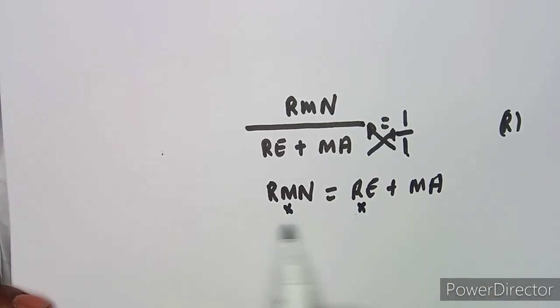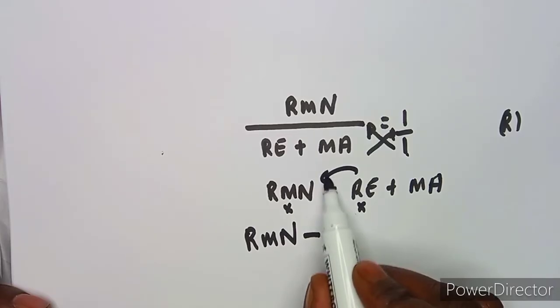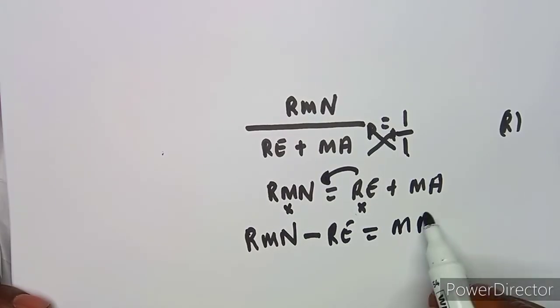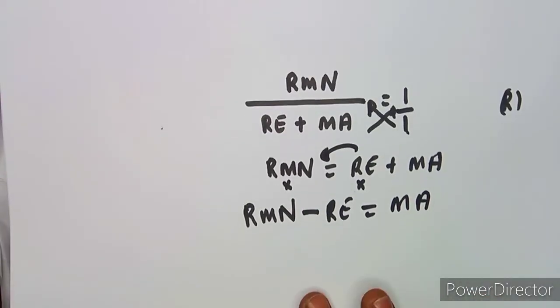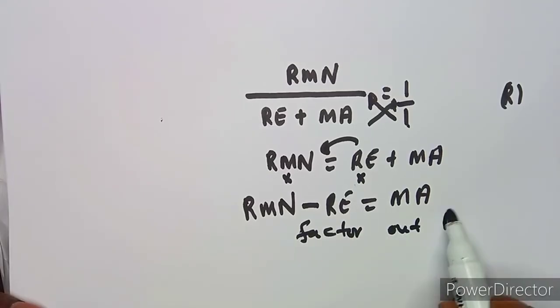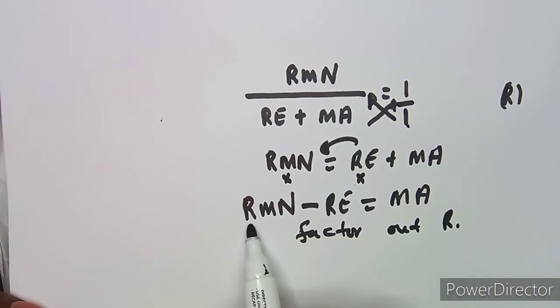So you transpose to one side of the equation, which is Rmn minus, if you transpose this to the other side, it's going to be minus Re, which is equal to Ma. So you have taken terms with R to one side of the equation so that you can factor out R, which is common. So you've got R here and R here, so you can factor it out.